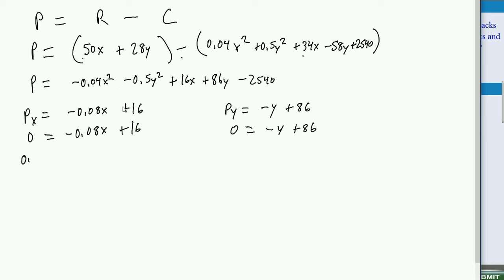So 0.08x is going to equal 16. So just figure out what 16 divided by 0.08 is. Let's get our calculator. 16 divided by 0.08 is 200. The other equation, just move the y over and it's solved. So they should sell 200 metal racks and 86 plastic racks.